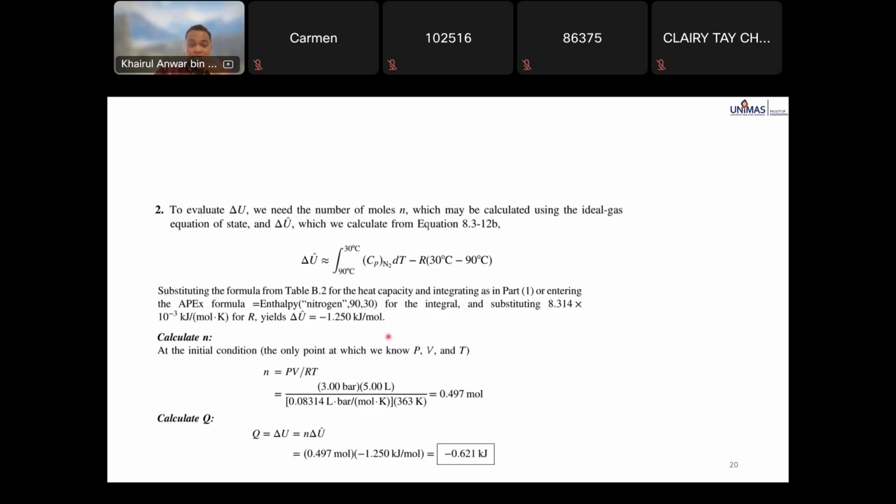So delta U equal to negative 1.25 kilojoule per mole multiplied with n. For n here we use PV equal to nRT, which is the gas equation of state, and Q equal to negative 0.621 kilojoule.